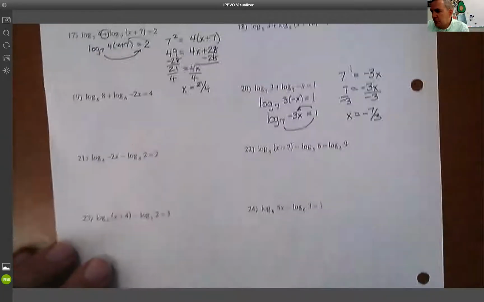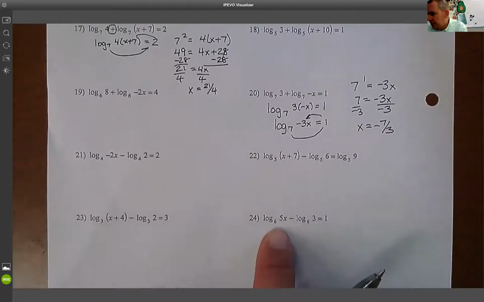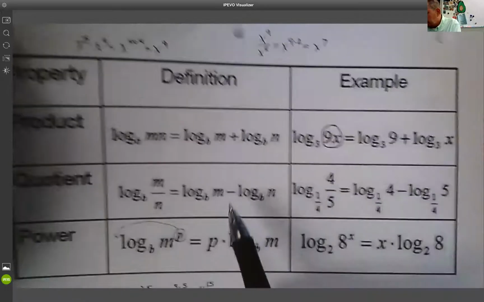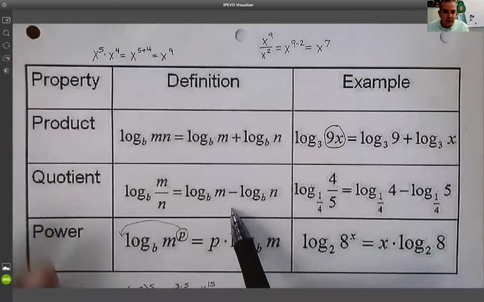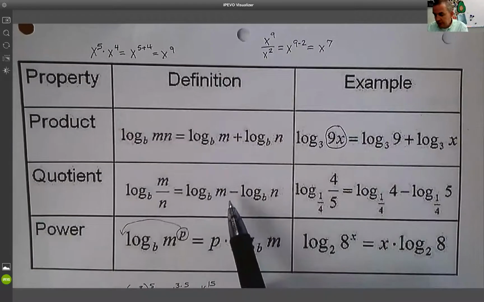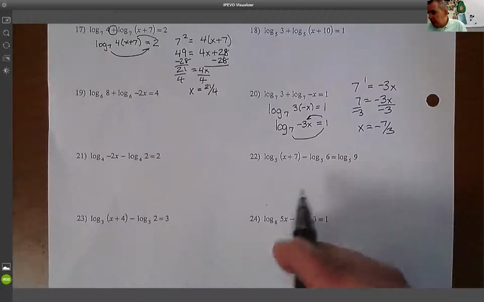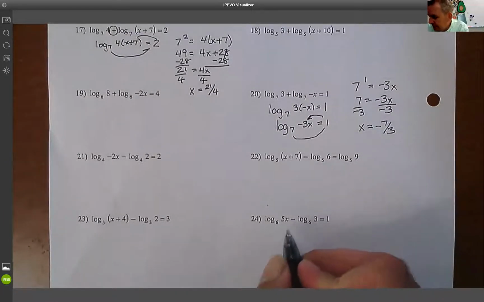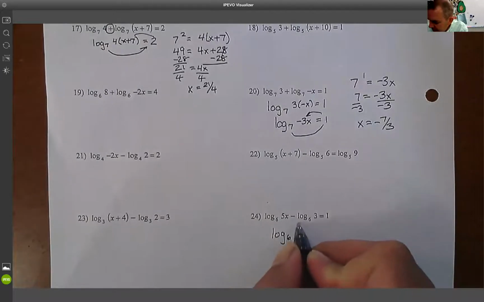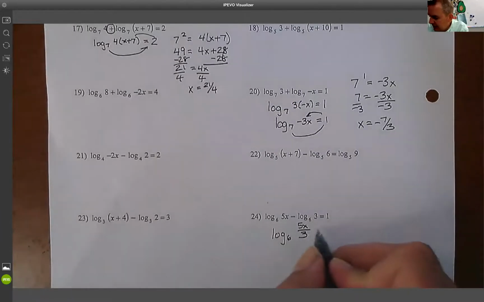The next one is what happens if it's a subtraction. I'm going to do this one down here. Since it's a subtraction, the rule is we turn it into a division. Since there's a minus sign in between, it's this number divided by this number. So I can rewrite this as log base 6 of 5x divided by 3 equals 1.